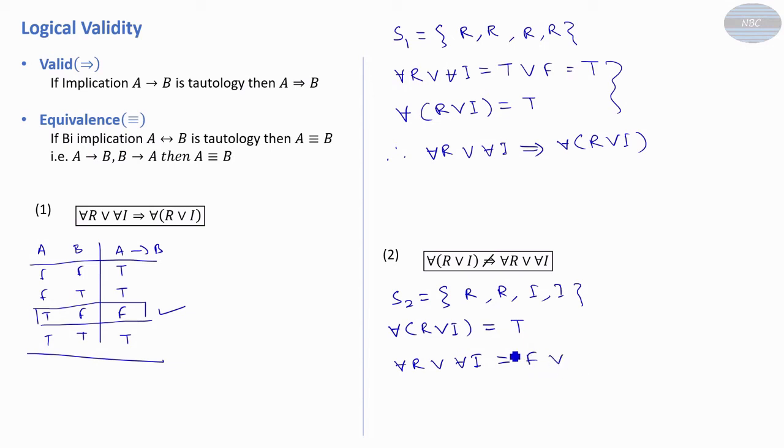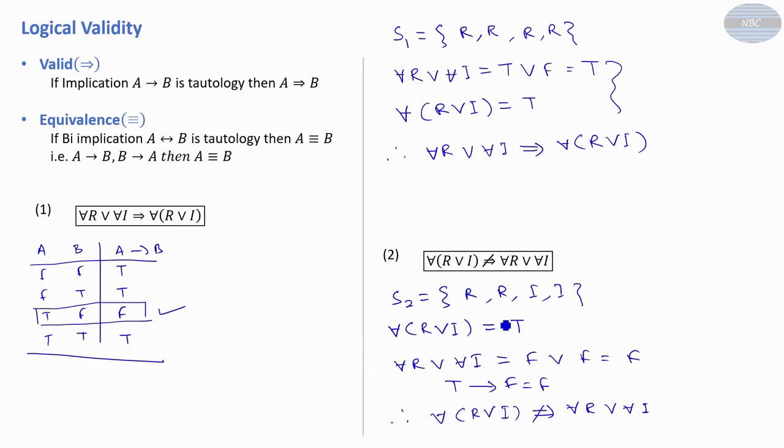No, it's false. Are all persons intelligent? No, it's false. So false disjunction false is false. So we have left hand side implication right hand side equal to false. Hence we can say that for all R disjunction I is not valid.